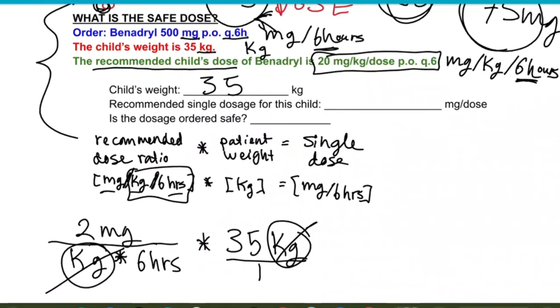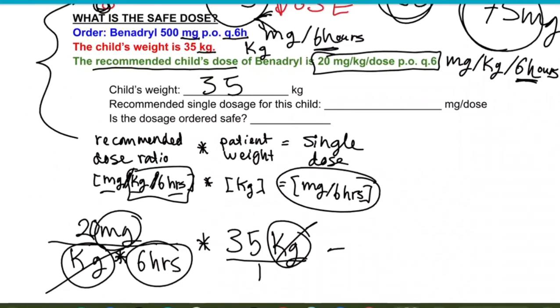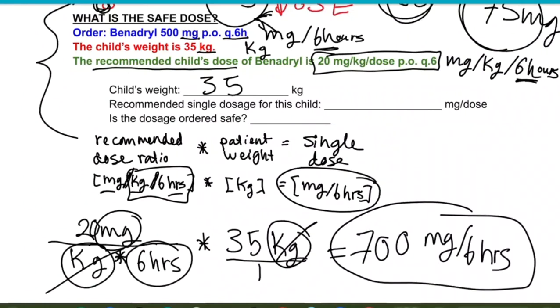So then you are left with milligrams per 6 hours, which is perfect because that's what we want our solution to be. So, whoops, that's supposed to be 20. It's 20 milligrams per kilogram per 6 hours times 35 kilograms, and that is, oh, calculator. That would be our answer for a single dose.